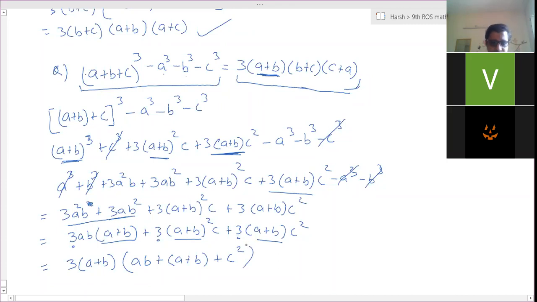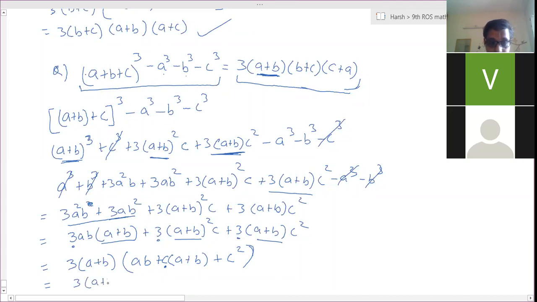Correct? Now what about the C in 3(A plus B) square C? The whole, yes, this one you are talking about. Correct? 3(A plus B) into this one. So now AB plus CA plus CB, CA plus CB plus C square. Correct? This is what is left out.